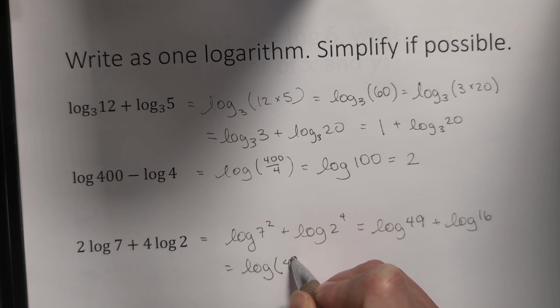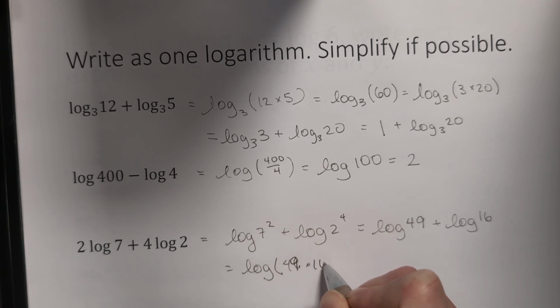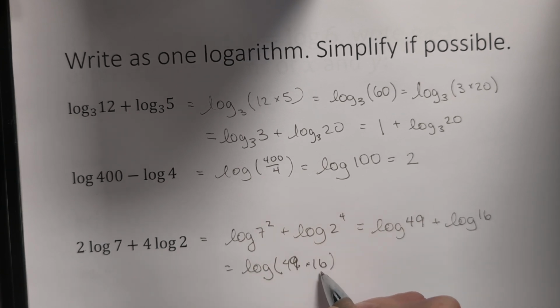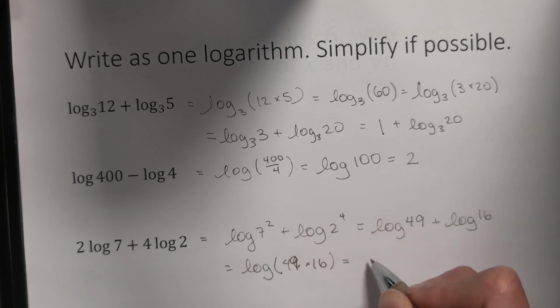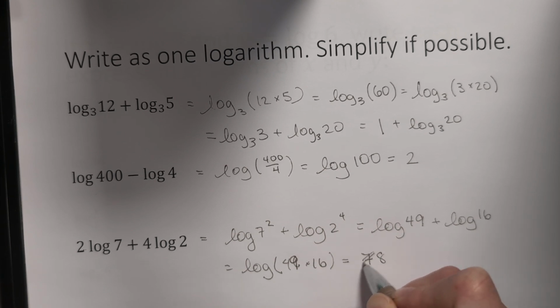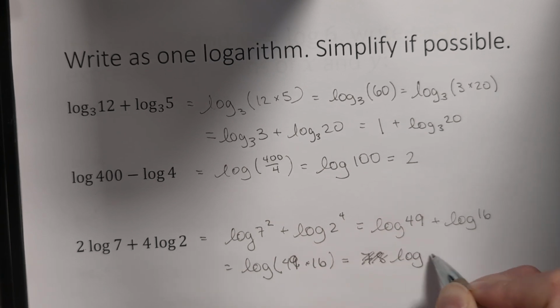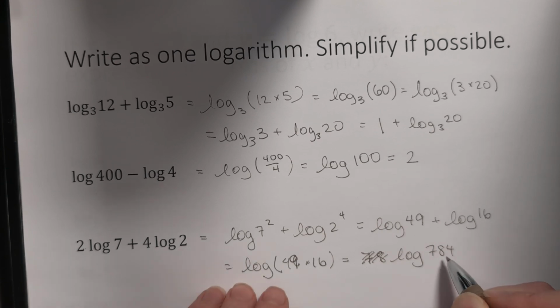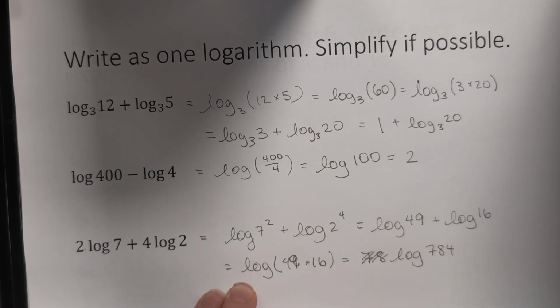Oops, that's a 9, apologize. Not a really nice one, but 50 times 16 is 800, and I can take away one of those 16s, and 800 minus 16 will be 784. Log of 784. There's no way I can separate any powers of 10 into that without making decimals or making that more messy.